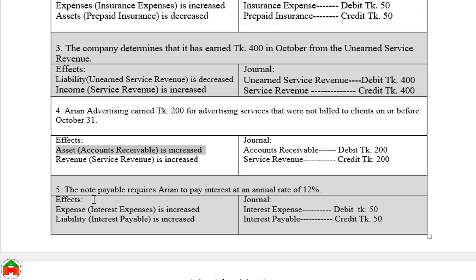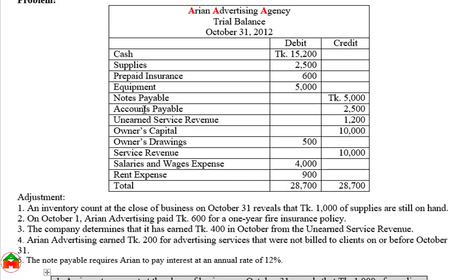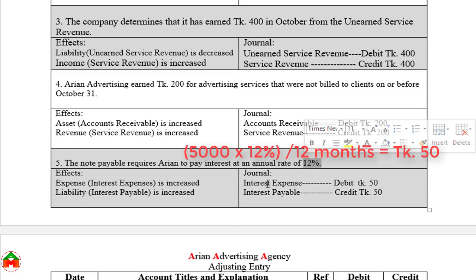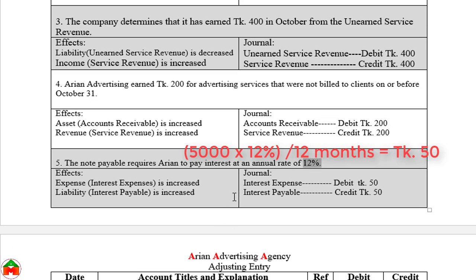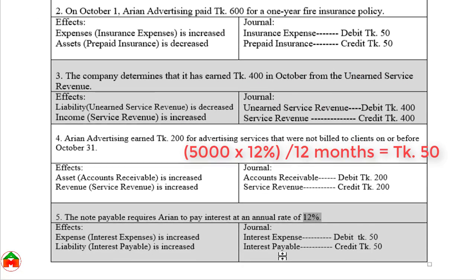The 5th one is notes payable requires Aryan to pay interest at an annual rate of 12%. Let's go to the trial balance. Here we can see notes payable 5,000. On this amount we have to pay interest at the rate of 12%. If you calculate 12% on this 5,000, the amount will be 600.